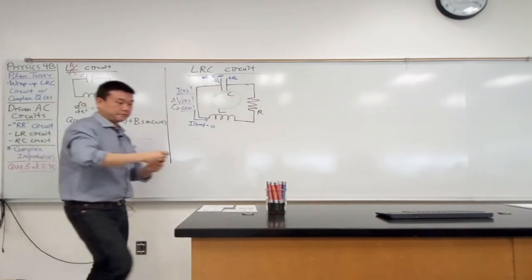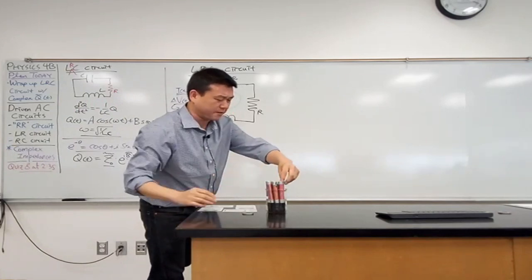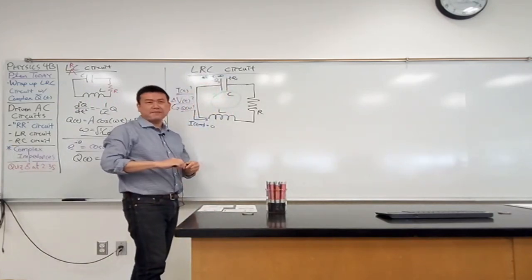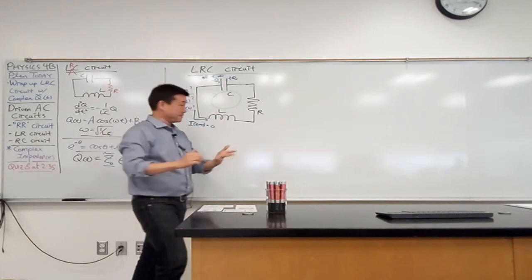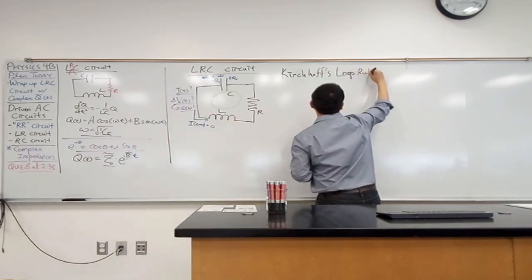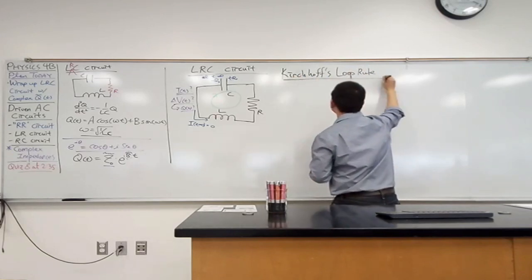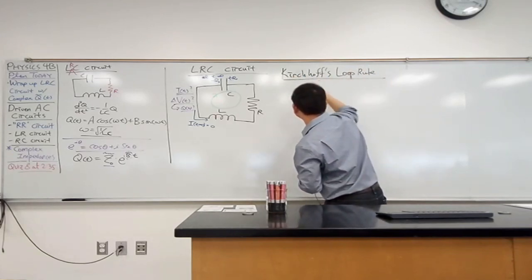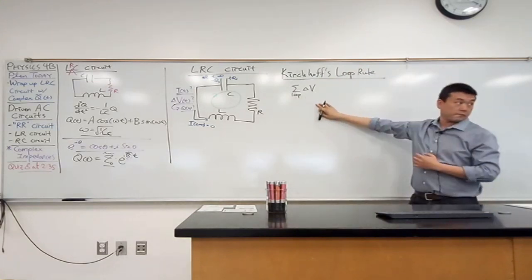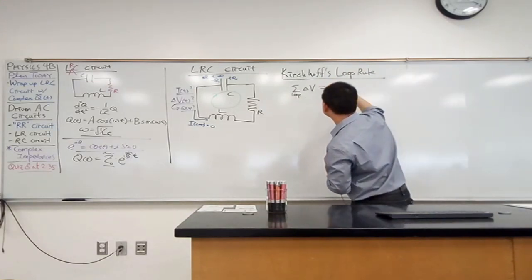I'm rushing through this because you have seen this at least half a dozen times by now. So Kirchhoff's loop rule says that if I add up all the changes of voltage as I go around the loop, that adds up to 0.